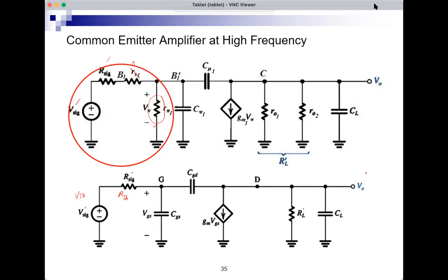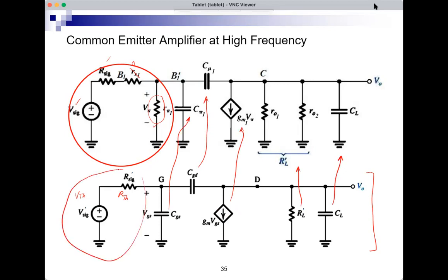here below on the lower half of the slide, this is the exact same circuit as the common source amplifier, right? So if I do the common source and replace CGD by C mu, CGS by C pi, gm vgs by gm v pi 1, R prime L, CL, and consider this to be the Thevenin equivalent of this, then for the common emitter case, I get the same thing as the common source case.